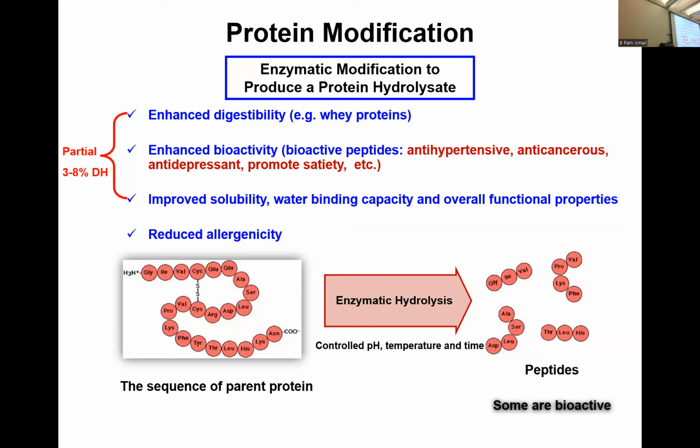If we are releasing mostly hydrophobic peptides of larger molecular weight, then potentially we're enhancing foaming. If we are producing peptides that are more hydrophilic with increased charge, then we will enhance solubility. So depending on the enzyme conditions and the enzymes, we can generate different protein or peptide profiles, and those different profiles will have very different characteristics.